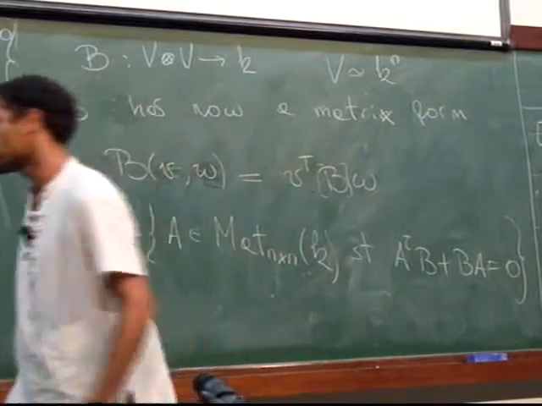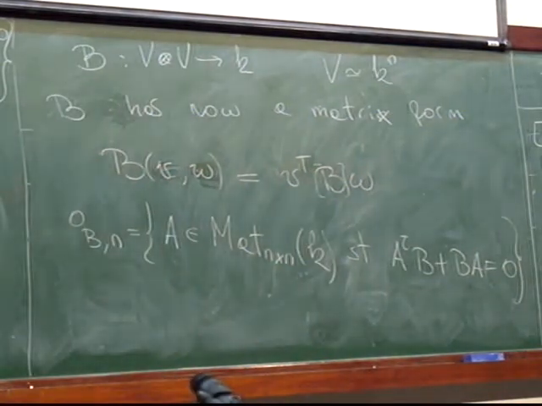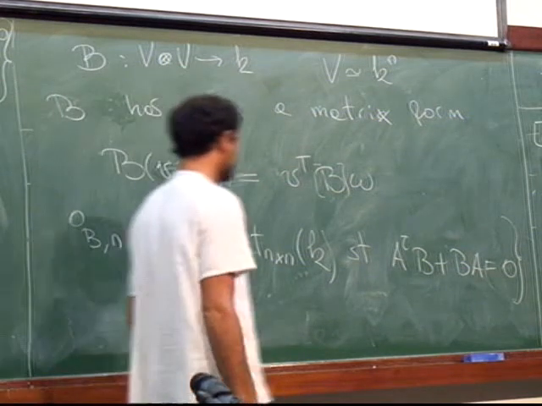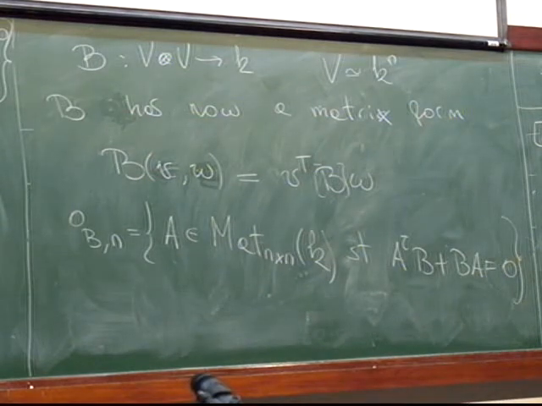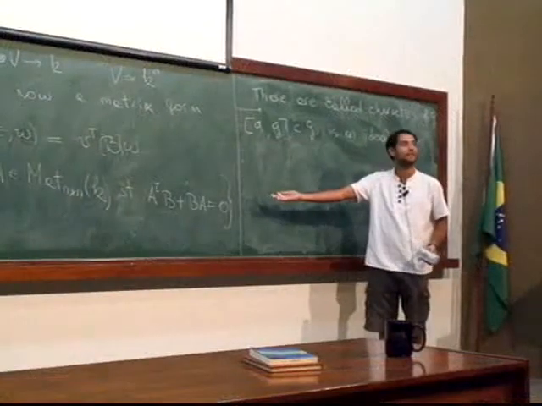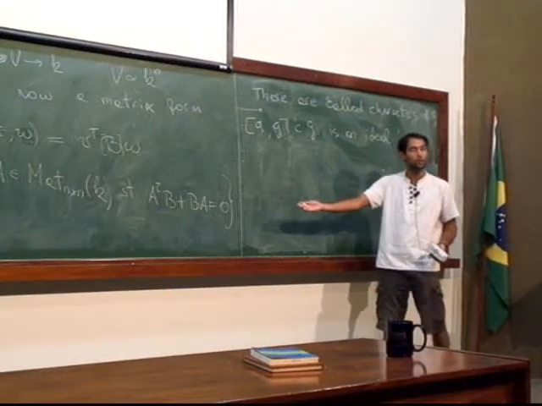So this starts to sound like what you may have seen for SO_n, for example. So let's give some examples. First of all, if you take B to be the identity matrix, then this is just A transpose plus A equal to 0. And this is what you usually call SO_n.